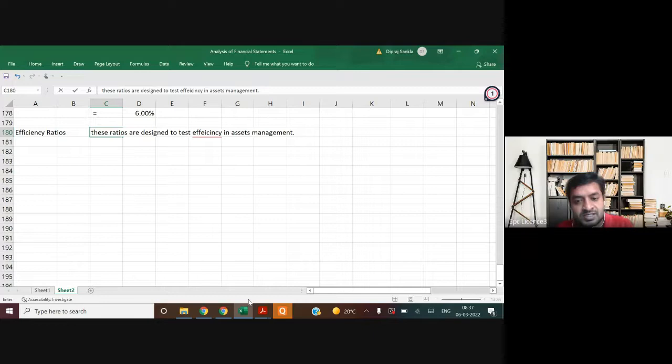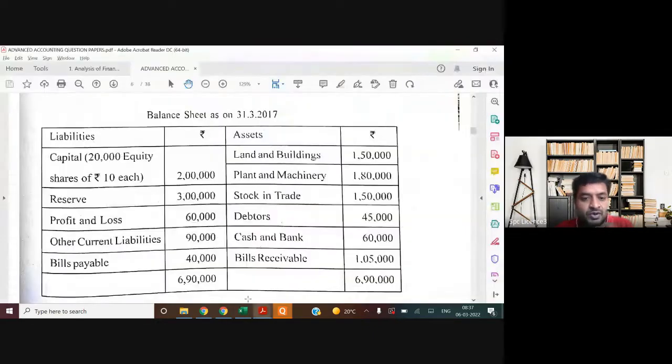Okay, now this is the balance sheet in front of you of this particular company. Now there are so many assets like land and building, plant and machinery, stock in trade, debtors, cash in hand, bank balance, bills receivable. So I want to ask you one thing here: how efficiently do you think total assets are utilized? If I ask your comment, please rate the efficiency in the utilization of total assets.